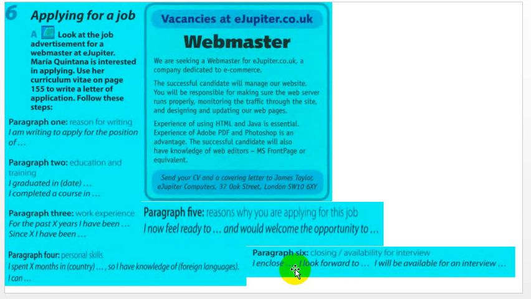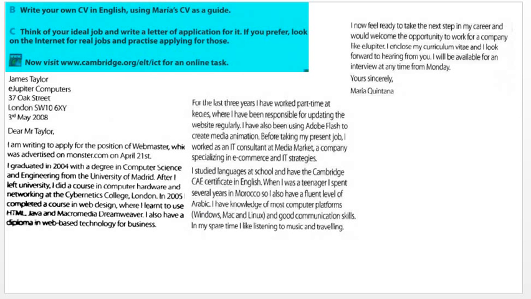And this is the advertisement: we are seeking a webmaster for egypo.co.uk, a company dedicated to e-commerce. Read this advertisement and then write an application letter for this one. Okay. Here: write your own CV in English using Maria's CV as a guide.